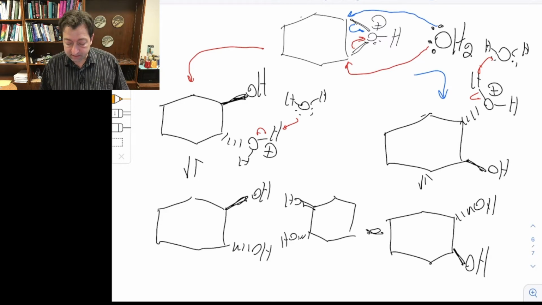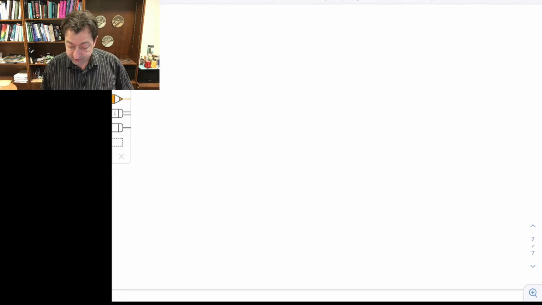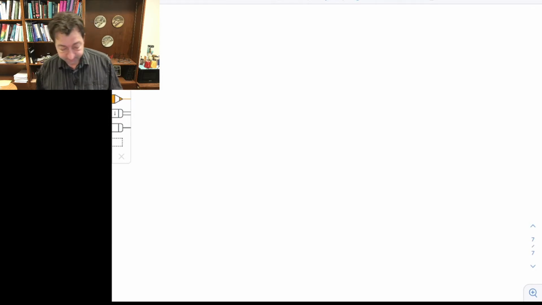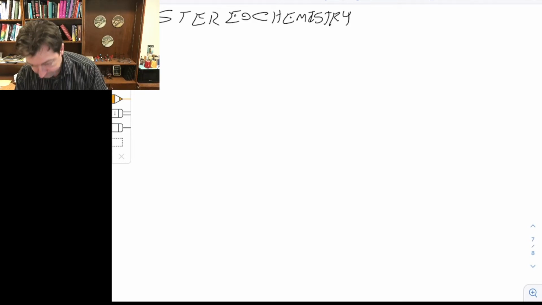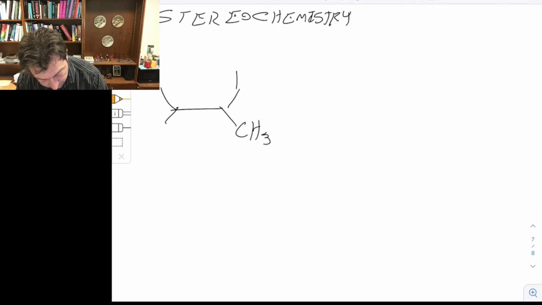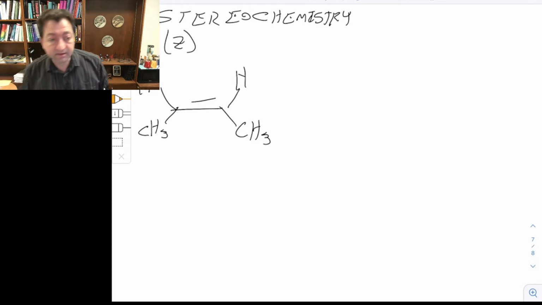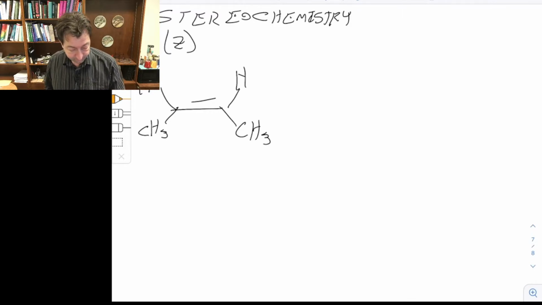So next, let's take a look at the stereochemical outcome of this particular reaction when we're looking at acyclic substrates. So stereochemistry here. And what I want to start with is an alkene with the Z configuration around that double bond.